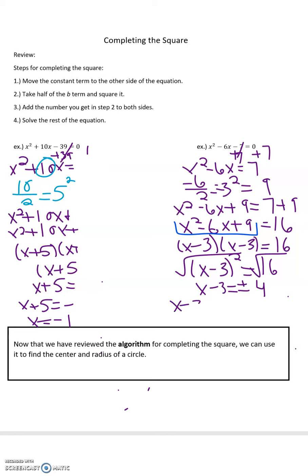So solving, x minus 3 equals negative 4, x minus 3 equals positive 4. We get x equals negative 1, and x equals 7. So our little box at the bottom here says we have reviewed the algorithm for completing the square. We can use it to find the center and radius of a circle.